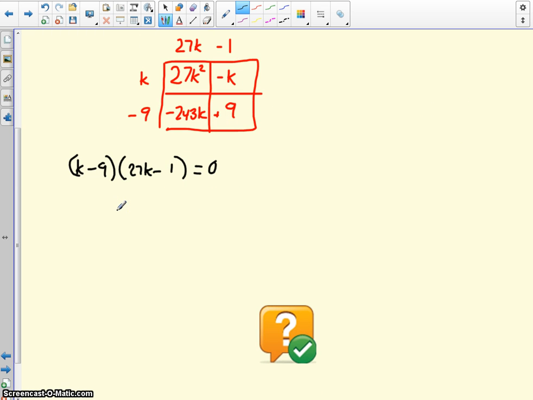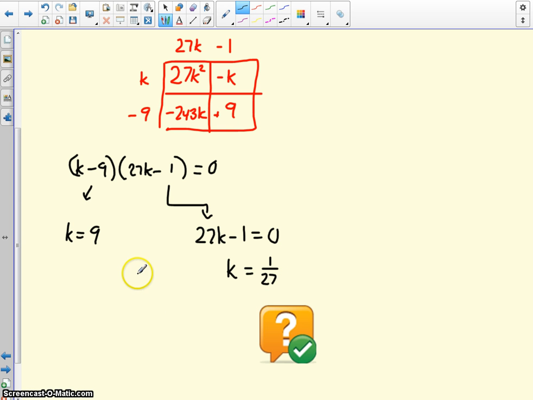Remembering how I would solve a quadratic, I have two factors here, so it tells me that k equals 9. I also wind up with 27k minus 1 equals 0. If I solve that one, I move the 1 over, divide by 27, so k is equal to 1 over 27.